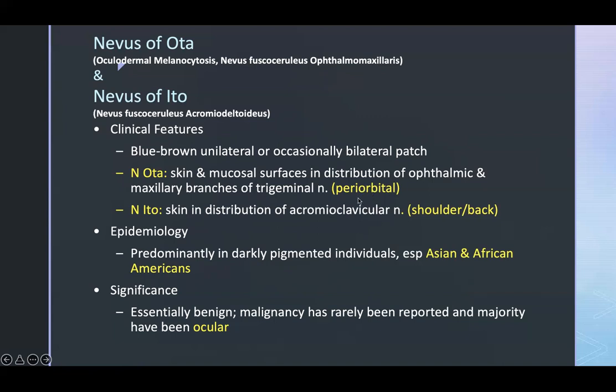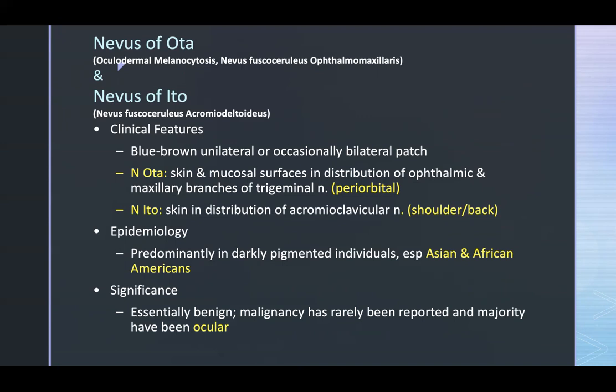I think of the O in orbital and the O in Ota. Nevus of Ito is very similar, but it's in the skin distribution of the acromioclavicular area, or the shoulder and back. I typically think of the eye as close to the arm. An eye is shaped like an arm. So you can think about that on how to remember those quickly.